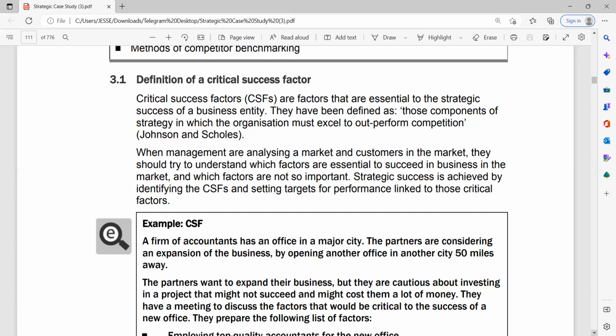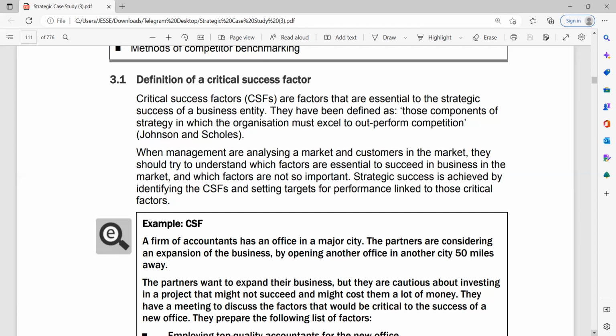When management are analyzing the market and customers in the market, they should try to understand which factors are essential to succeed in business, right? So before you go into a market, you need to understand, what are the things that I need to do to be successful in this market? What are the essential factors that would help me to succeed in the market?